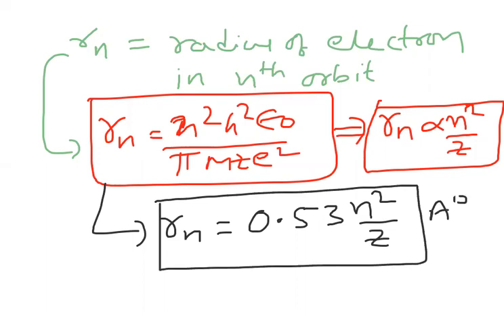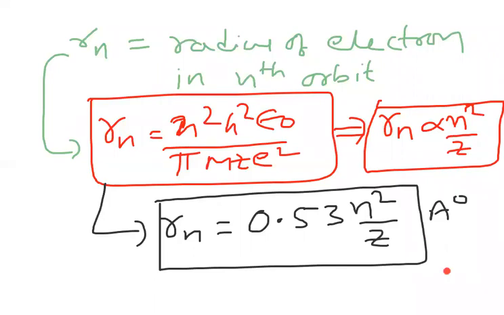So the radius of the nth orbit formula I can directly write as 0.53 n square by z. n is the number of the orbit, and z is the atomic number.